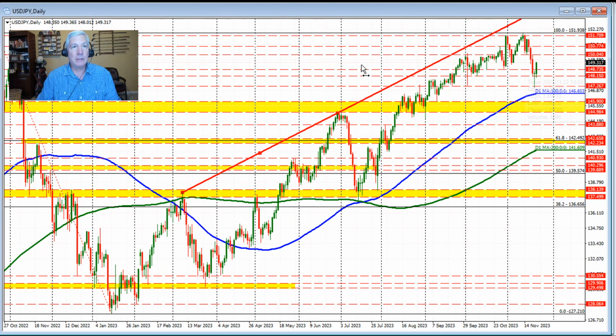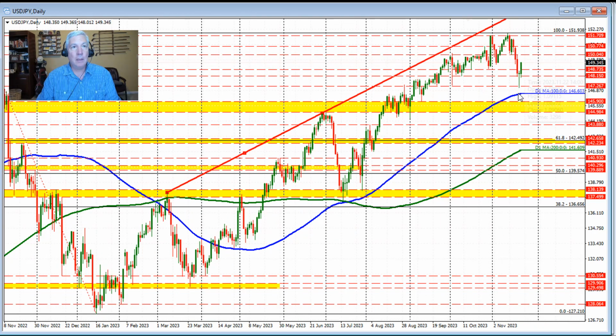What we did see yesterday was the price moved down toward the 100-day moving average. It sniffed it, didn't necessarily get very close to it. It's kind of like this low right here before the market moved higher. We did test and break these lows right here at 147.26. So the sellers gave their good old college try and pushed below that level, but could not get to the 100-day moving average. We are seeing a rotation back to the upside.